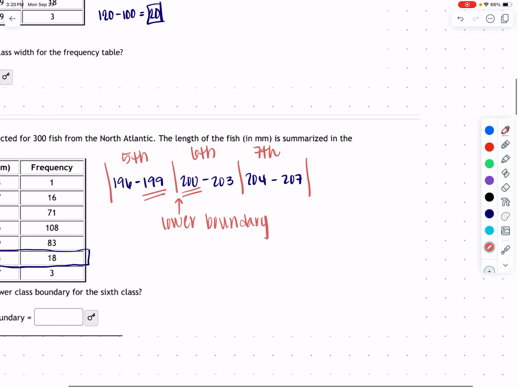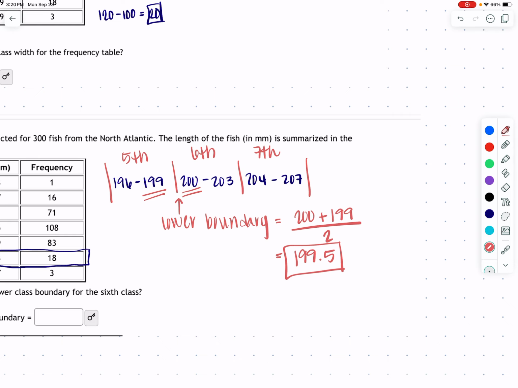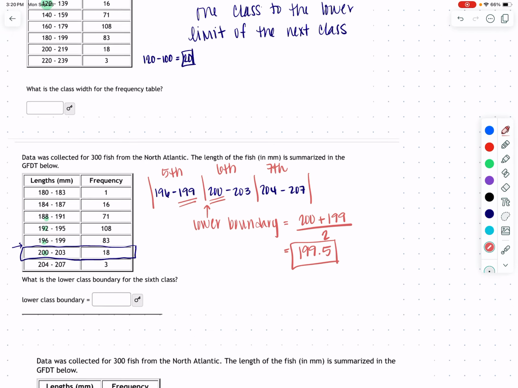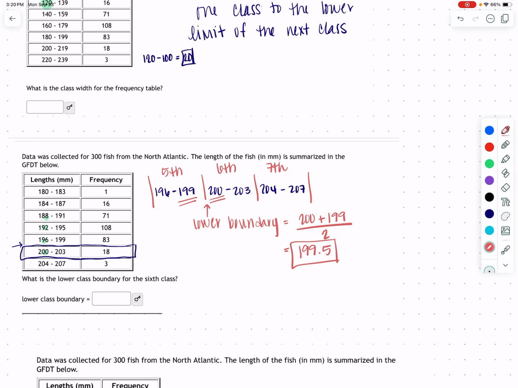So we need to average those two together. I'm going to add 200 and 199 and divide by 2. That leaves me with 199.5 for my lower class boundary for the 6th class.